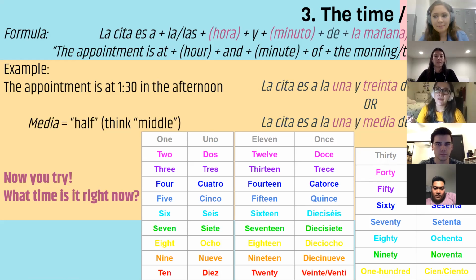So if it's, for example, la una, right? It's just one, right? La una. But if you want to say at 2, las dos. You see how the S, and also la una, so it's la, right? Luego, then you'd say and, which is y, and then minute, minuto. And then you would describe whether it's in the morning or in the afternoon, right?